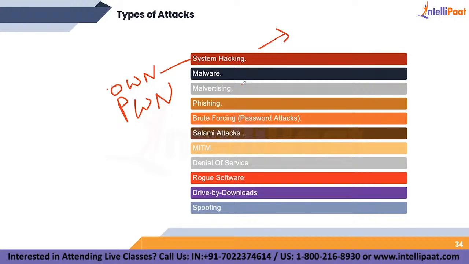But malvertising is taking control and propagating ads which are against the interest of the people. Phishing is more like luring someone, keeping something as bait, so that they get connected and easily get into the trap.